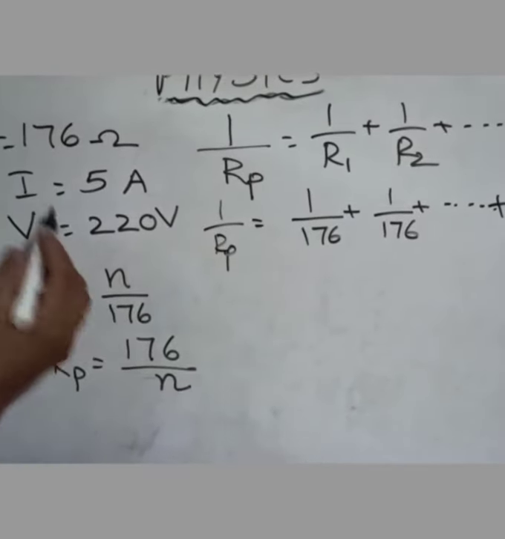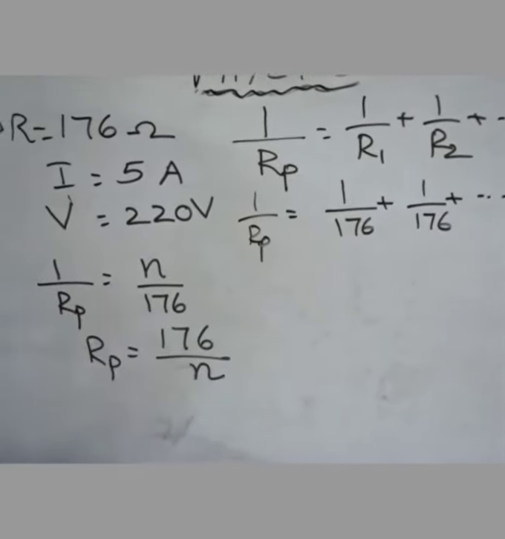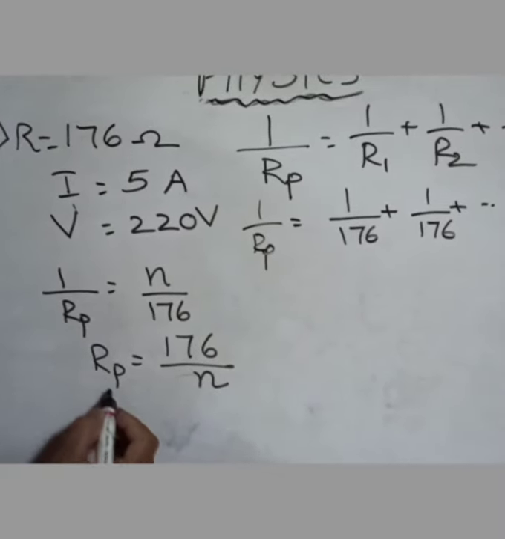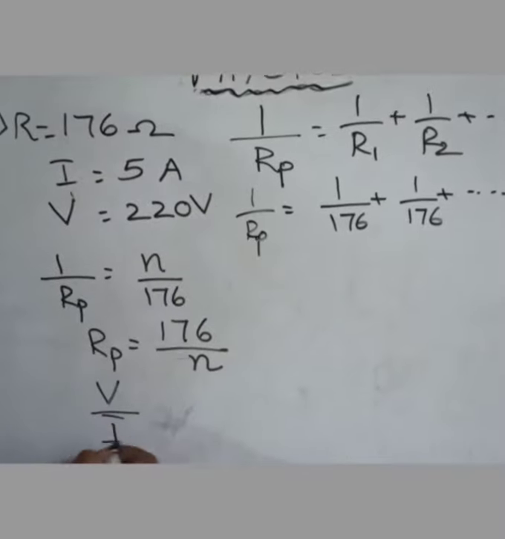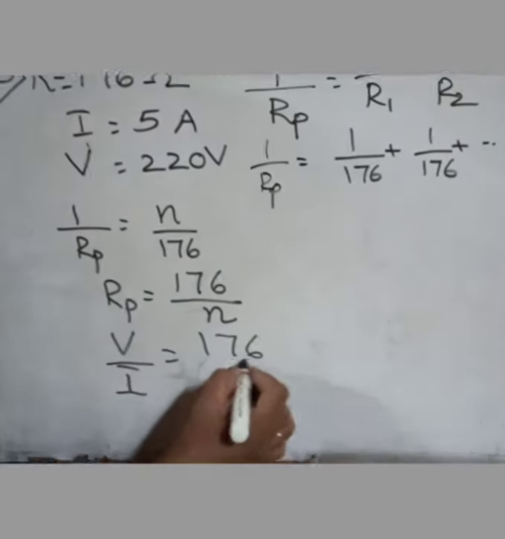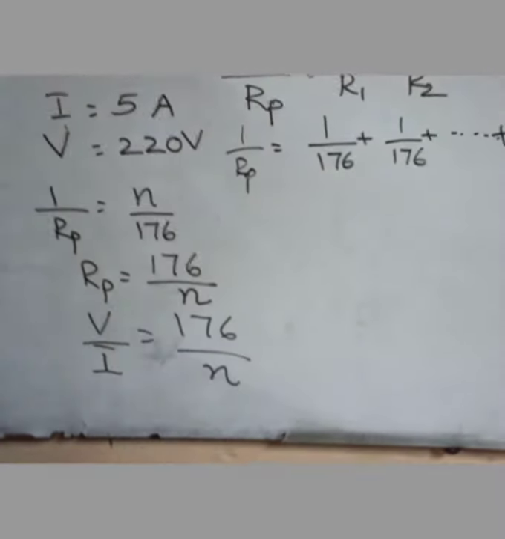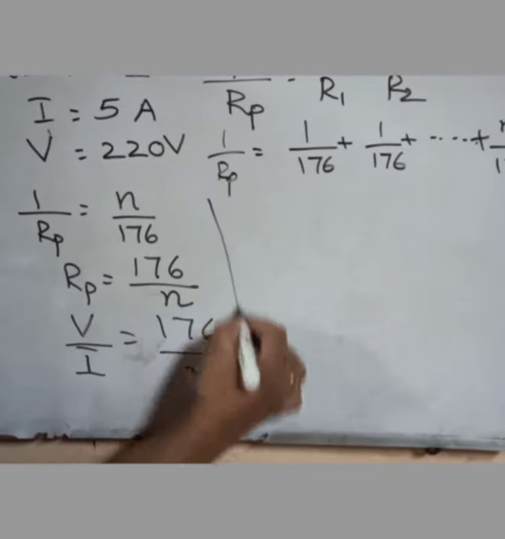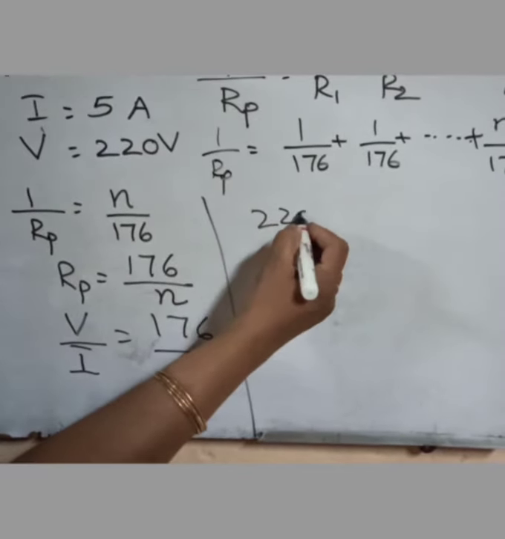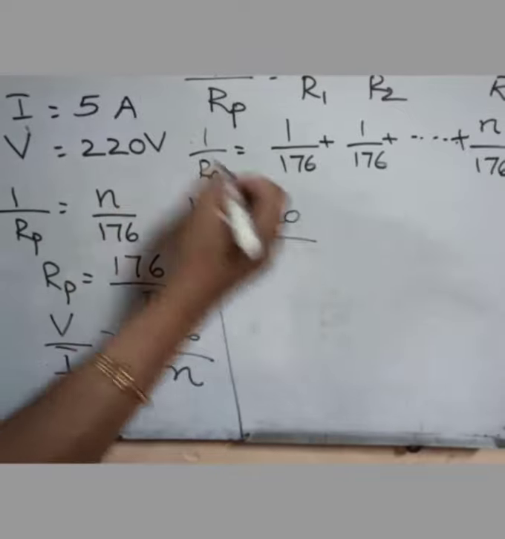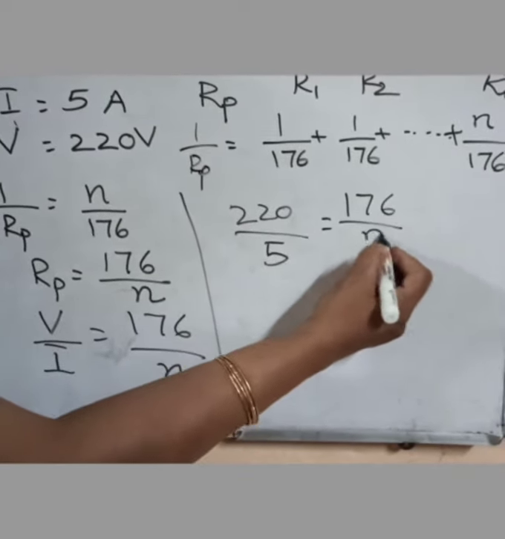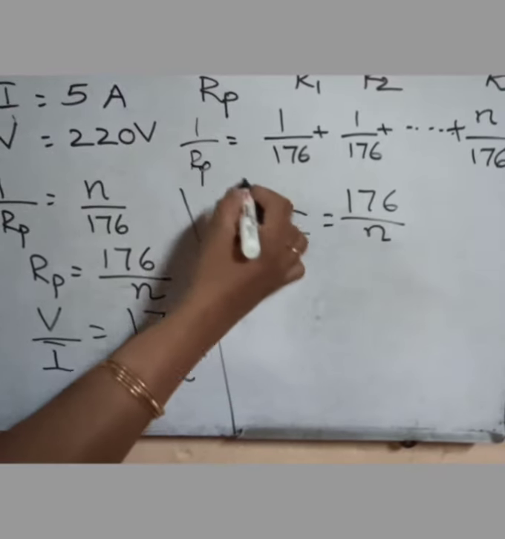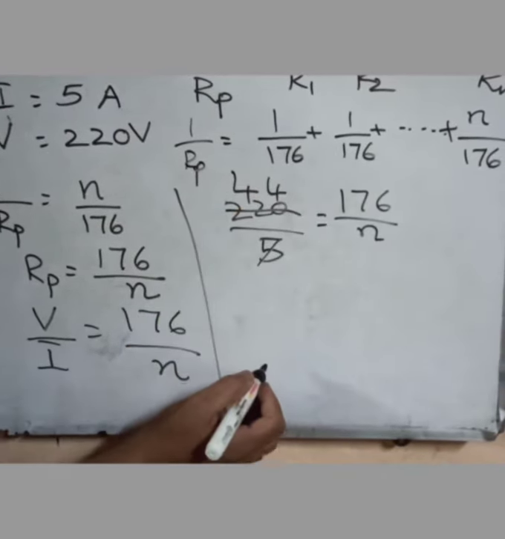Here Rp, V and I are given. So we can substitute for Rp as V by I is equal to 176 by N. What is V? V is 220, I is 5 ampere, is equal to 176 by N. This becomes 5 4s are 20, 44.